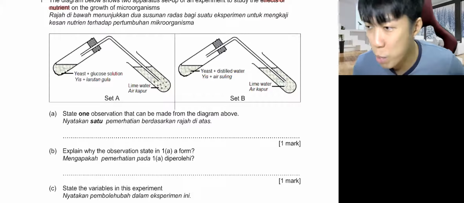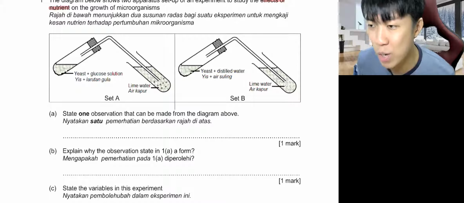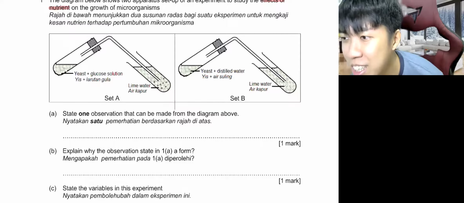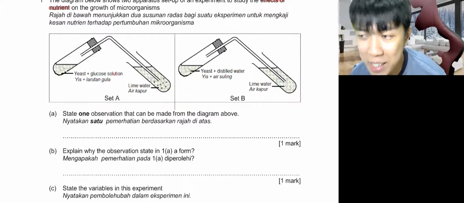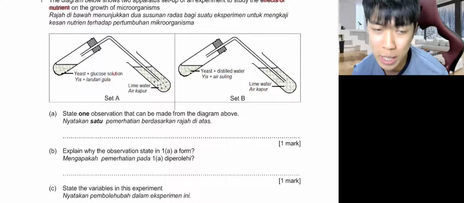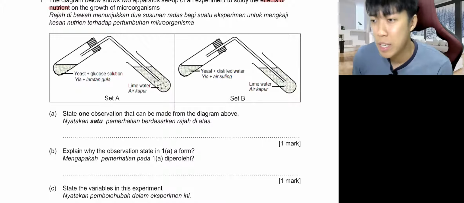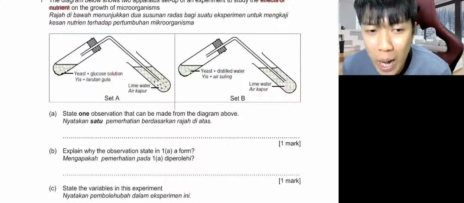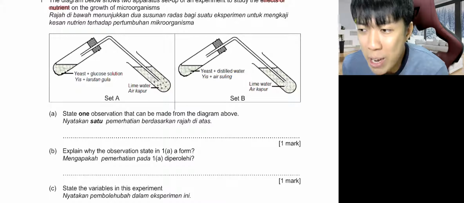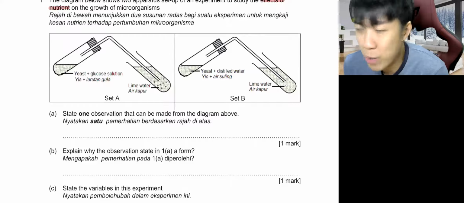Yeast grow and reproduce rapidly with the presence of glucose. Shorter, but difficult to form a sentence like that if you're not familiar. But no matter how, I am revolving around manipulated and responding. Do you realize that?